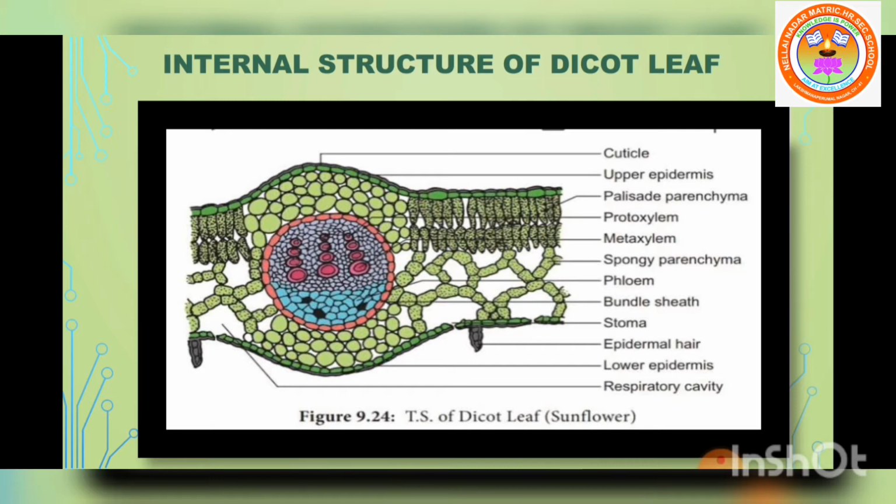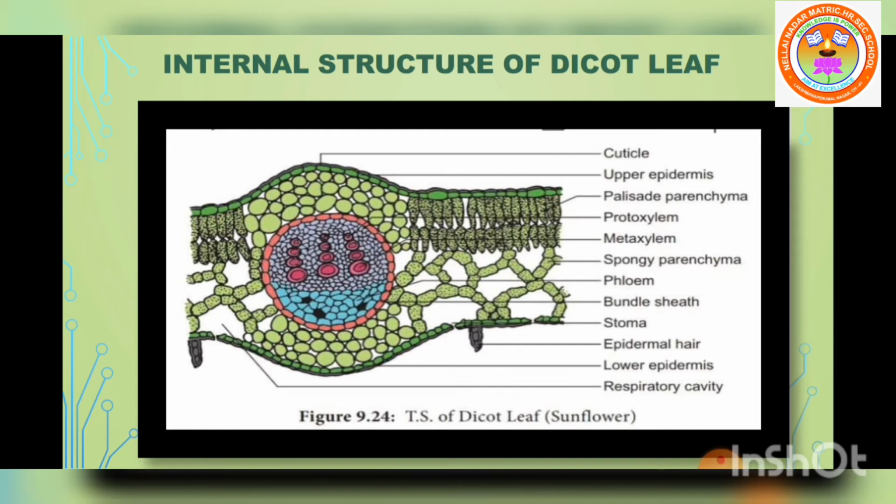Next, mesophyll. So, what is mesophyll? The entire tissue between the upper and lower epidermis is called mesophyll. Meso means in the middle, phyllo means leaf. There are two regions in the mesophyll: palisade parenchyma and spongy parenchyma. Palisade parenchyma cells are seen beneath the upper epidermis.